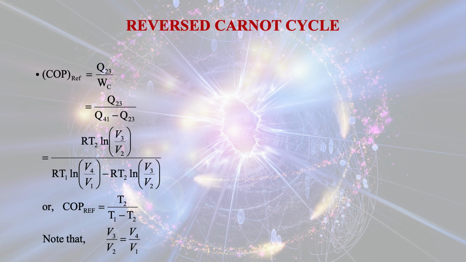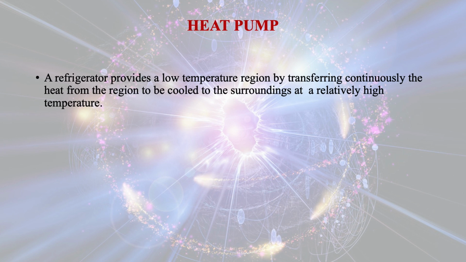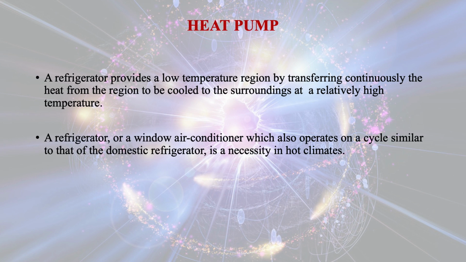Now let us discuss the heat pump. A refrigerator provides a low temperature region by continuously transferring heat from the region to be cooled to the surrounding at a relatively high temperature. A refrigerator or a window air conditioner, which also operates on a cycle similar to that of the domestic refrigerator, is a necessity in hot climates.